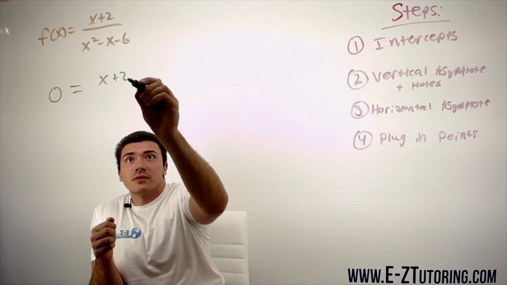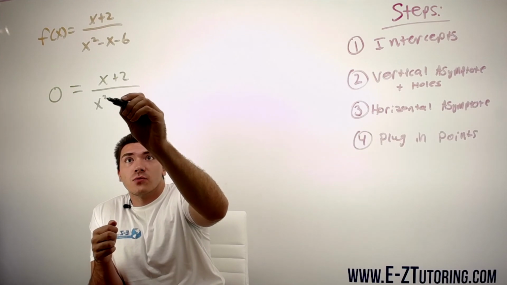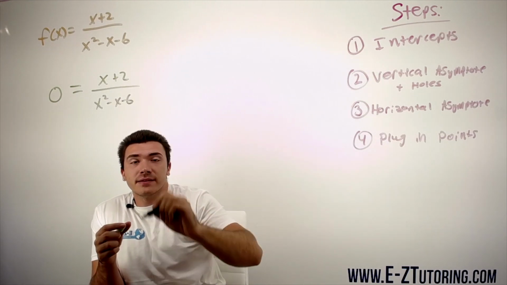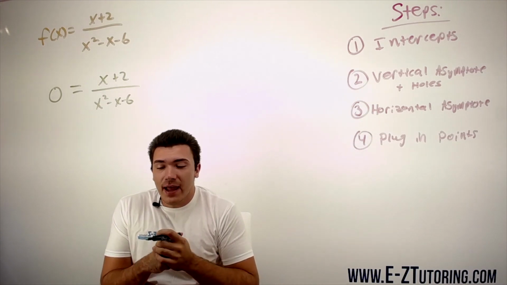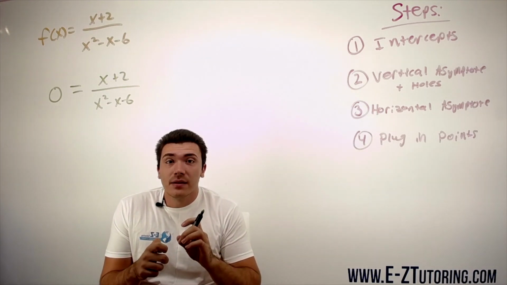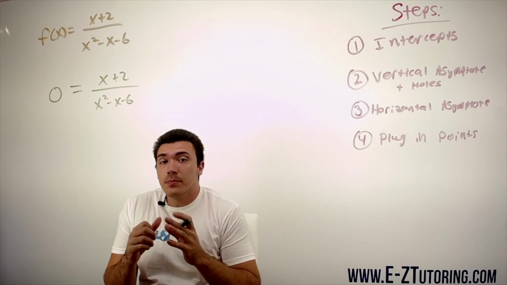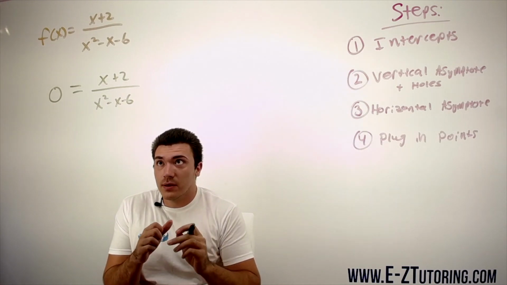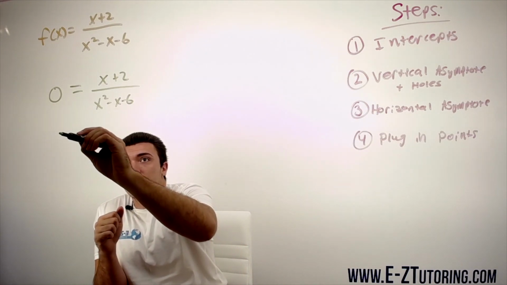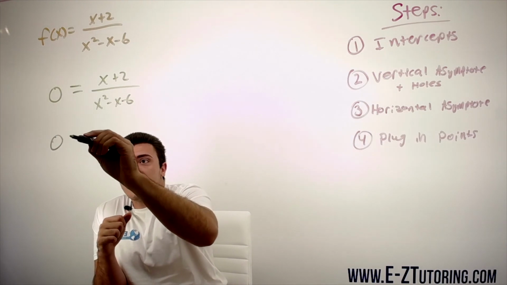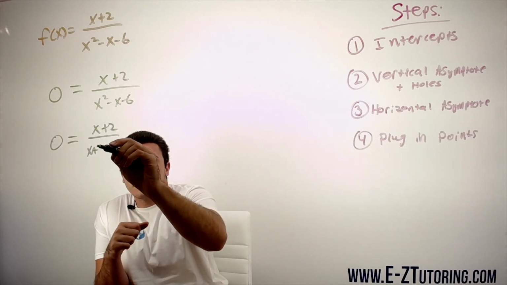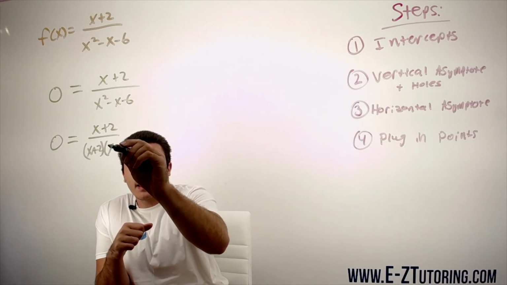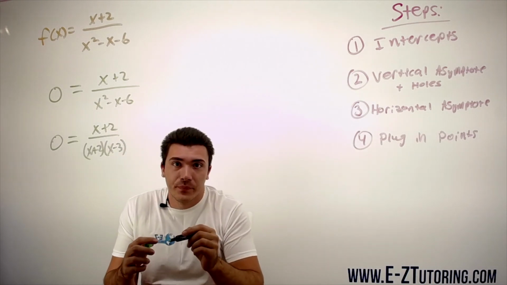We get (x plus 2) over (x squared minus x minus 6). Now, as you're finding your x-intercept, I highly recommend simplifying your graph. Here's why. X squared minus x minus 6 actually simplifies into (x plus 2) times (x minus 3).